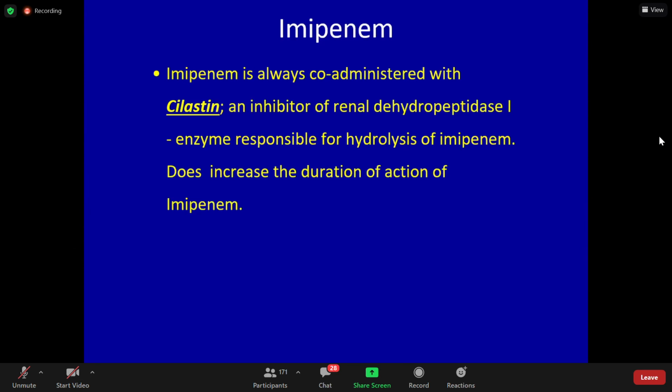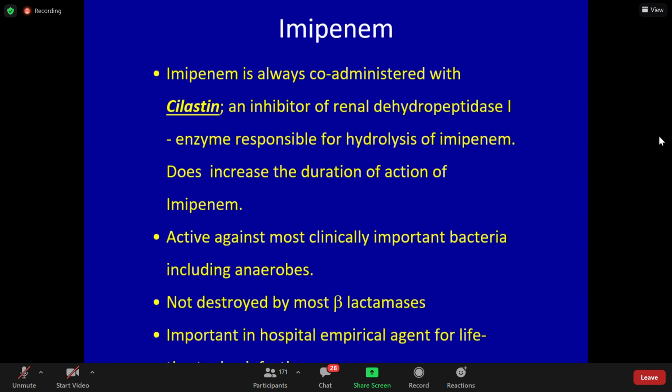This enzyme is inhibited, the drug is not destroyed, and the duration of action becomes longer. Now once a day is okay. So the combination actually increases the half-life of the drug. Clear?